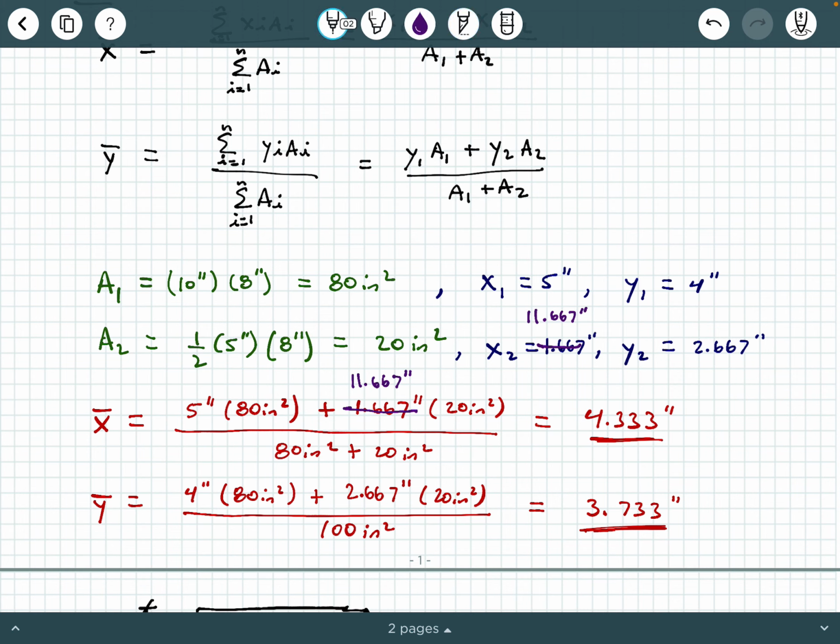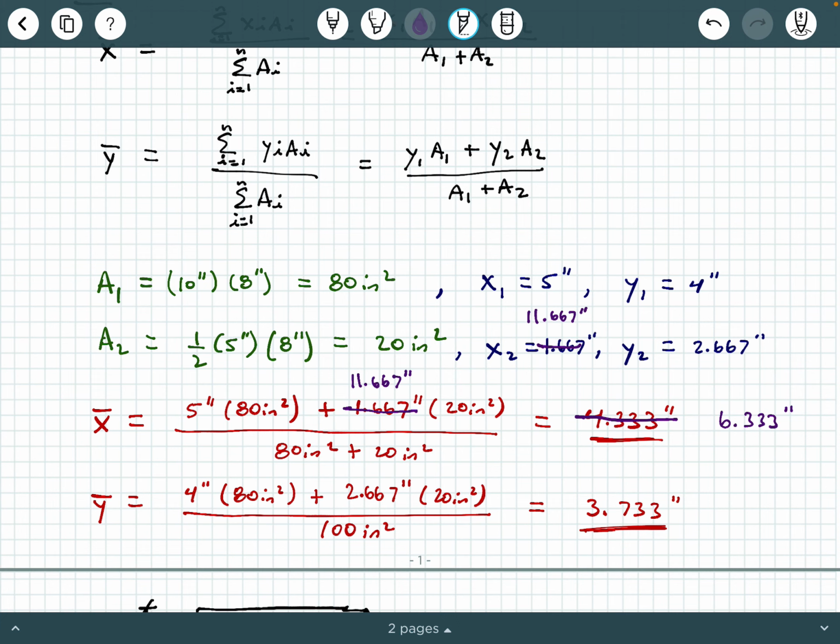So when we punch this through in our calculators, we get an X bar value, not 4.33 inches, but it's actually 6.333 inches, okay? Now, what about Y bar? Well, Y bar was correct in the last video, but just as a recap, it's Y1 times A1, so that's 4 inches times 80 square inches, plus Y2 times A2, again, that's the 2.667 inches times 20 square inches, all divided by A1 plus A2, so we get 3.733.